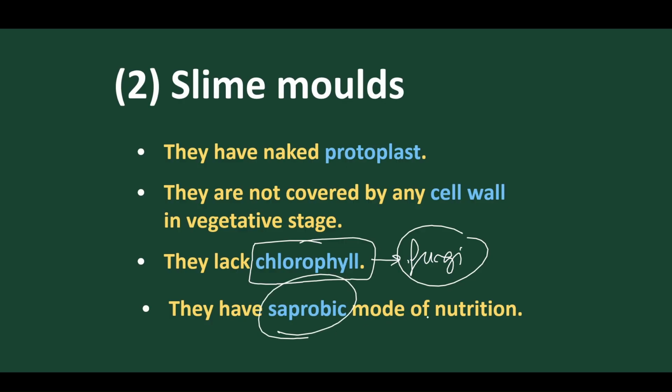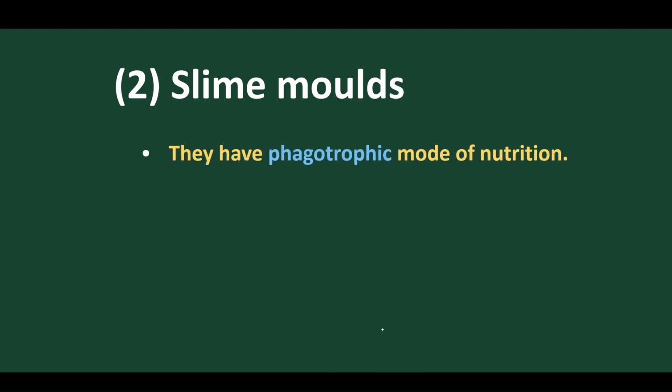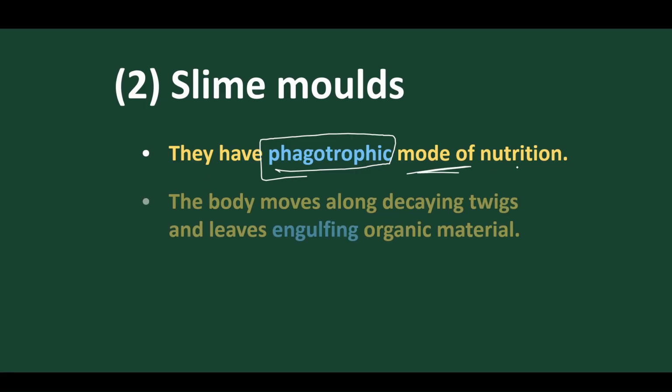They have a saprobic mode of nutrition, that is, they depend on dead organic matter for nutrition. They are also phagotropic in their mode of nutrition. They engulf the food materials directly.